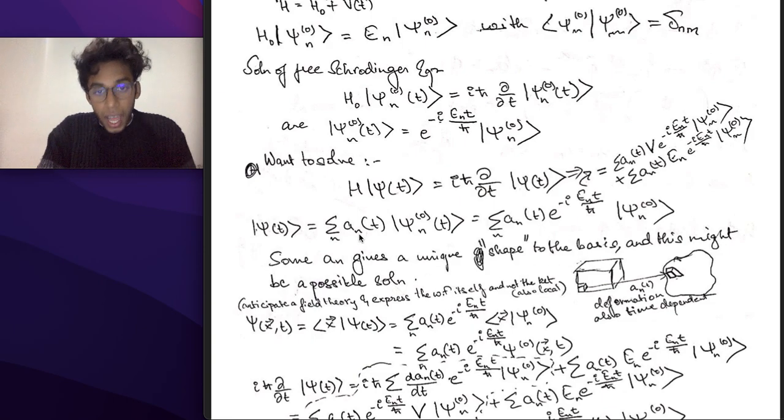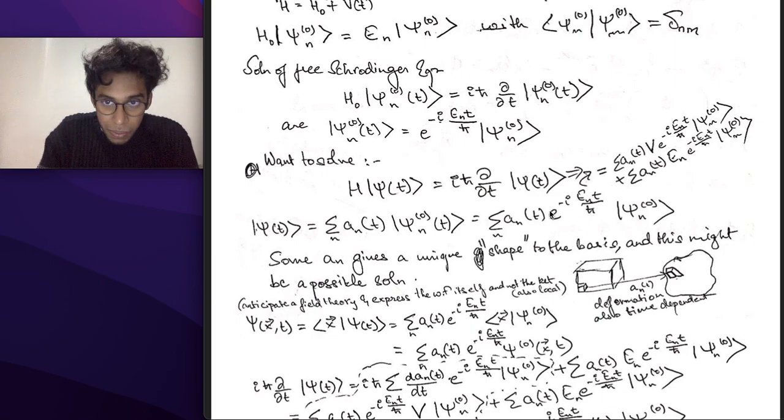Now this a_n depends on time, which we will get to in just a bit, but this is something you need to make a note of, and therefore you can write it in terms of e to the power of minus i E_n t by h bar.